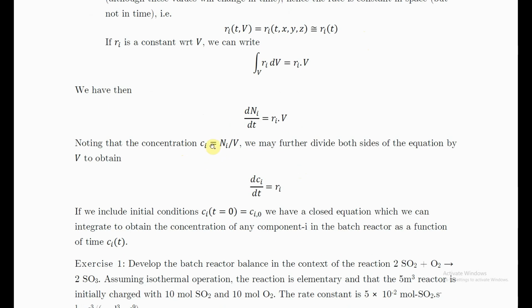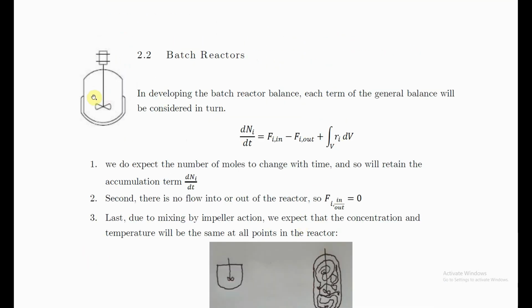Okay, and then we note that by definition, concentration is the number of moles divided by the volume. So if we just divide by volume on both sides here, noting that we are assuming volume to be constant, right? So if, for example, this is a gas phase reactor, then the gas is going to fill the entire reactor, so that's the reacting volume V, and that's going to be constant.